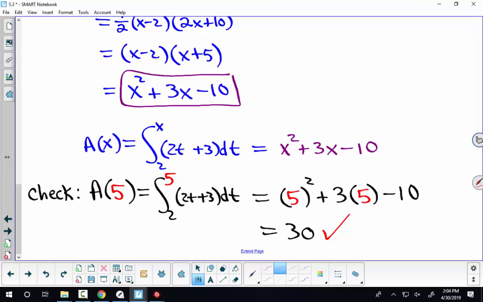We would expect this to be a function of x. This area is completely determined by where we stop. The function's set and the starting point is set, so we would expect that to be a function of x because it depends on x.